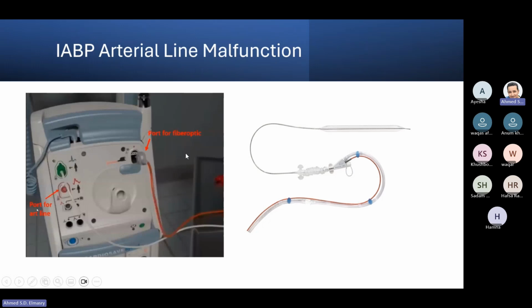In this situation of the fiber optic not working, you can connect the arterial transducer to the port for the arterial line, which is the external port, not the direct one. So this is the direct source for arterial pressure monitoring by the intra-aortic balloon, and this is the external source for arterial pressure monitoring in a situation of emergency like malfunctioning of the fiber optic.